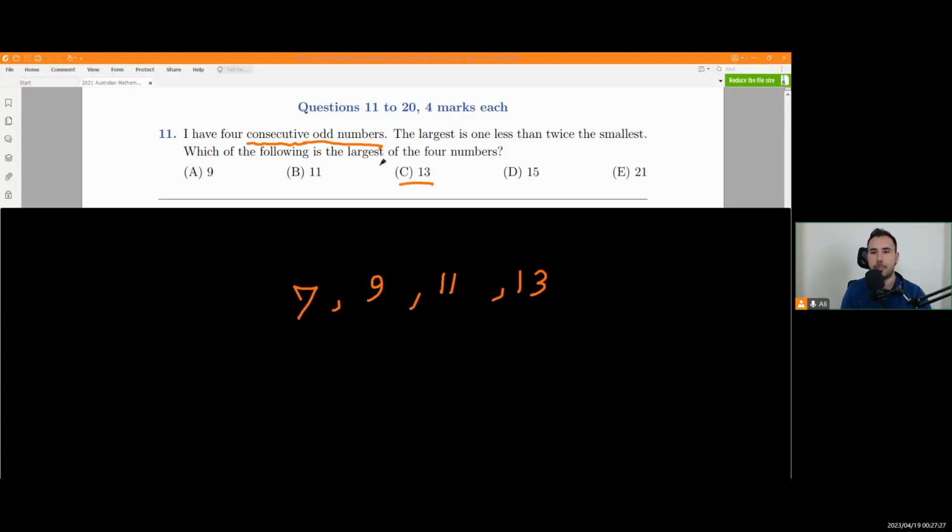Now the largest one, 13, is one less than twice the smallest.